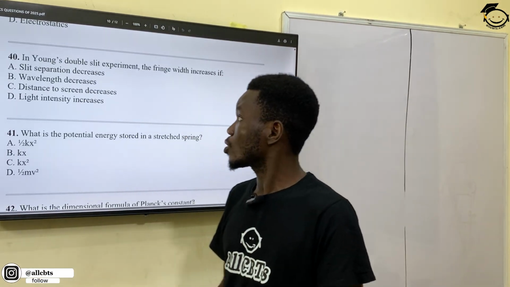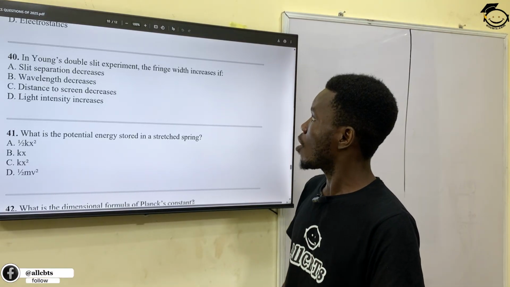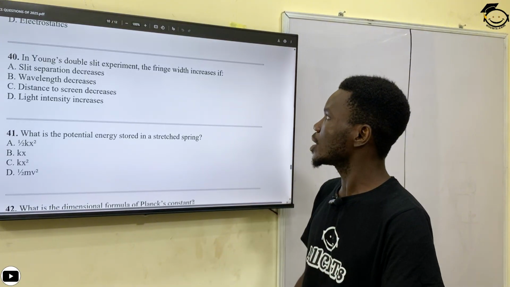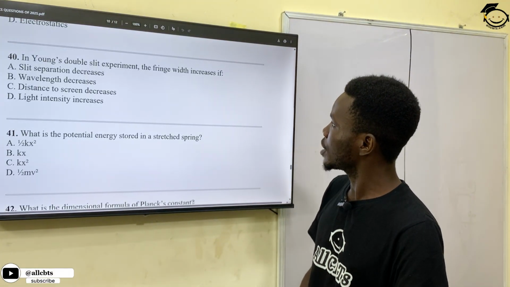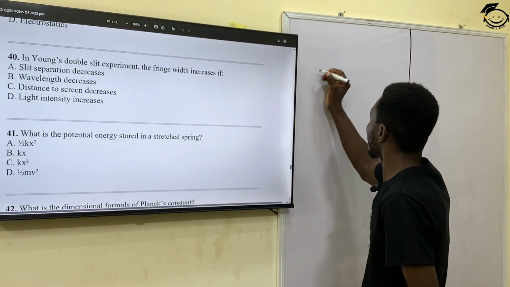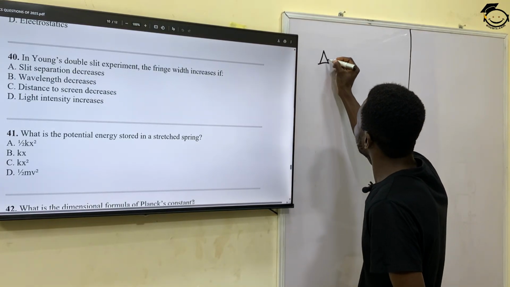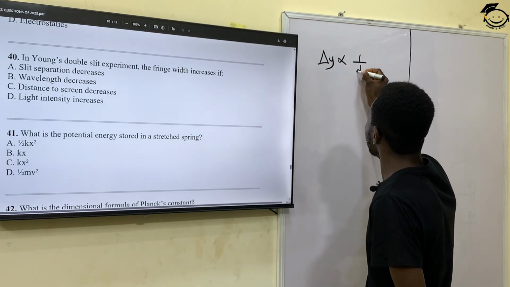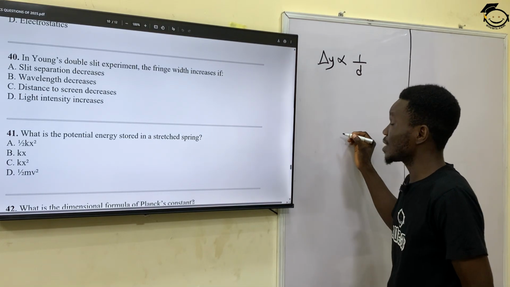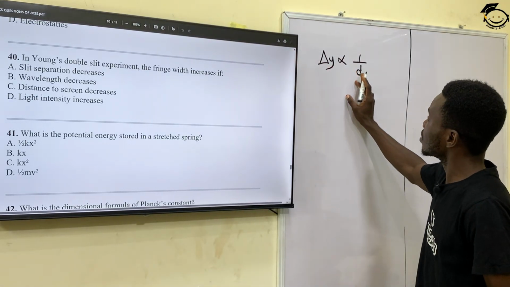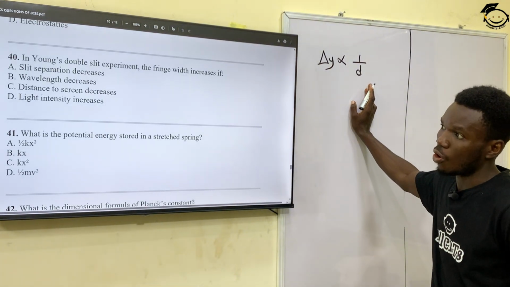Moving on to question number 40, which says, in Young's double slit experiment, the fringe width increases if dash. We know from Young's double slit experiment that the fringe width is inversely proportional to the slit separation, which means that when the fringe width increases, the separation decreases.